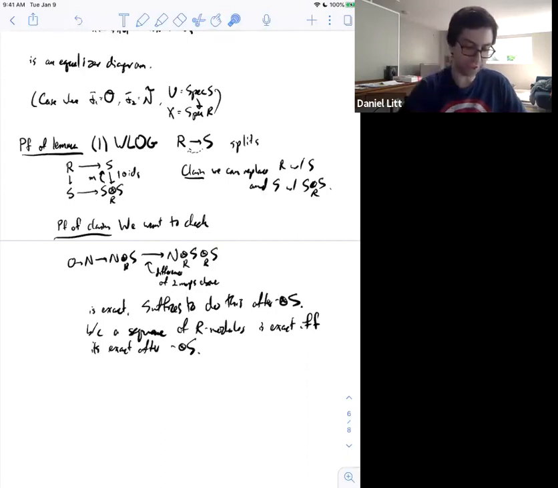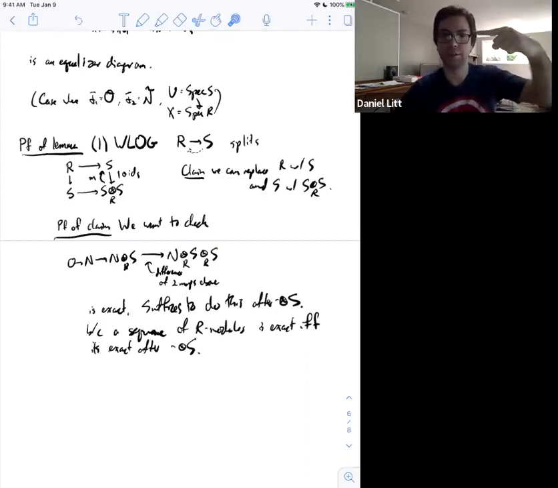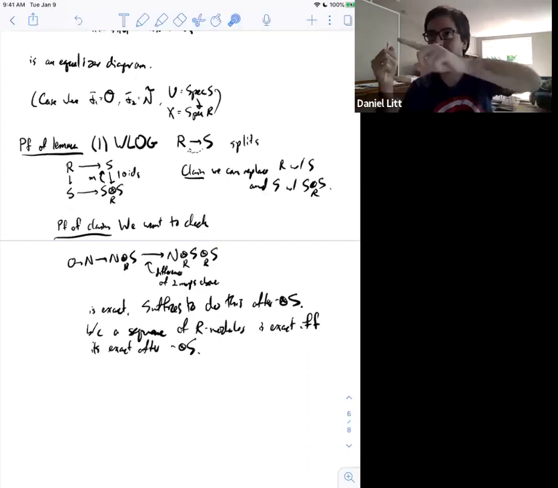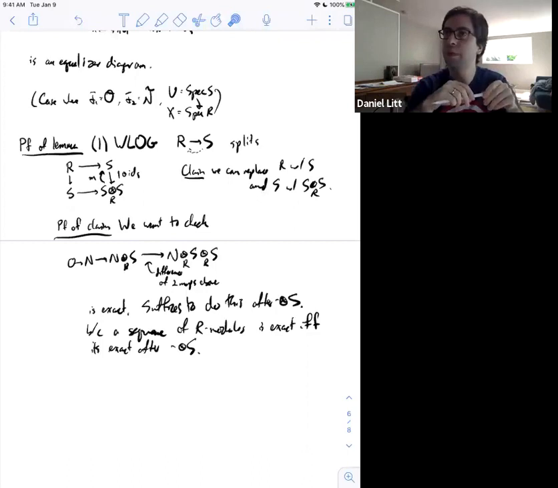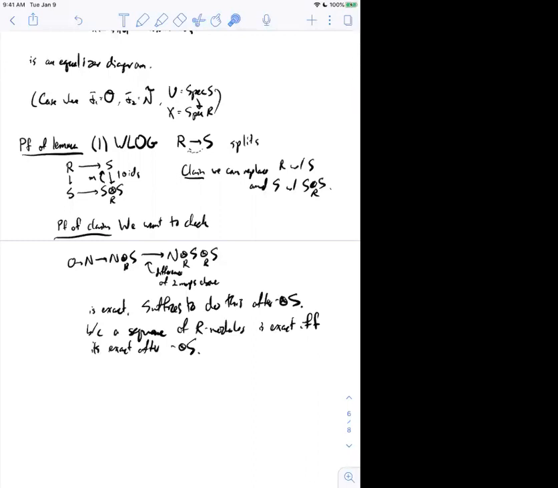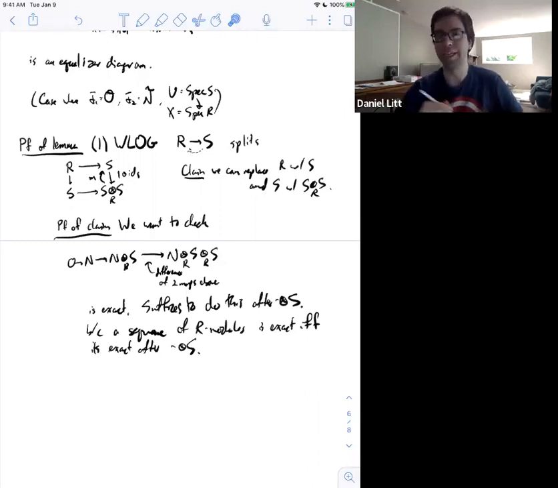Okay, so one direction is easy. If you have a sequence which is exact and you tensor with a flat module, it stays exact, right? For the other direction, suppose that when we tensor with our ring, the sequence is exact. Then we want to argue that it was exact to begin with. Isn't this just the definition of faithfully flat? Well, it's a definition, but it's not quite the one I gave. The one I gave was that it's flat and surjective on spec.